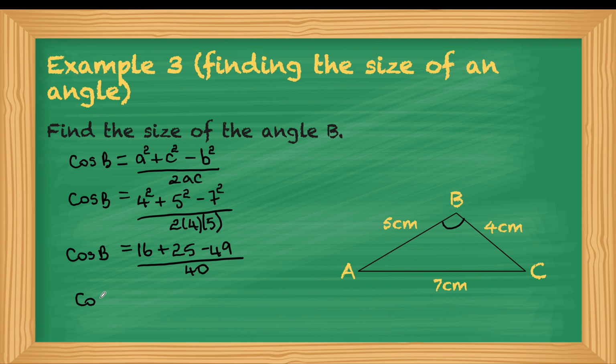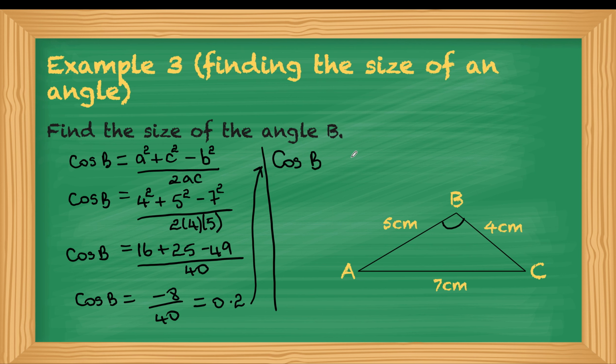Now if I'm to simplify a little more, I will end up with negative 8 over 40. Alright, and this can also be written as negative 0.2. So let's take it over here. So let's say we have cos B is equal to negative 0.2.